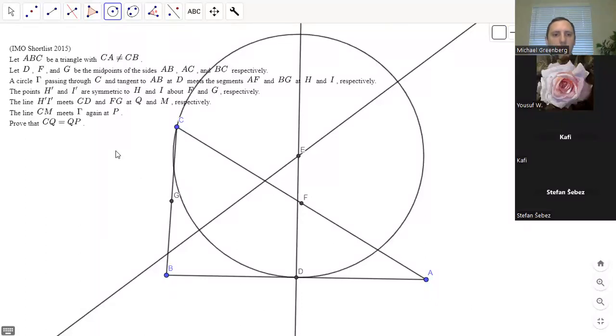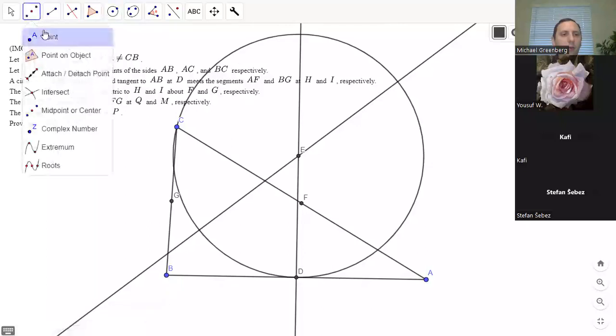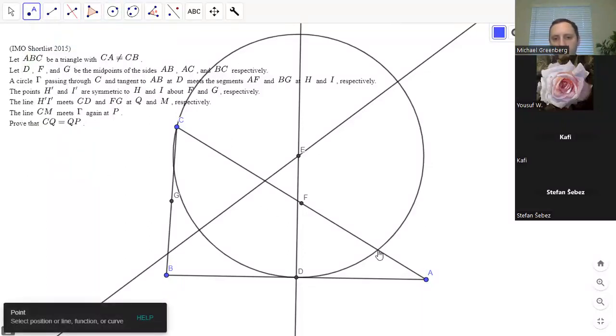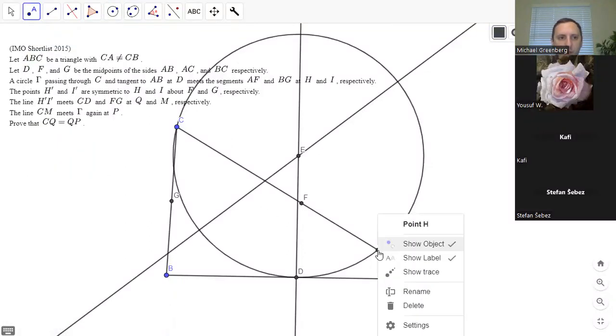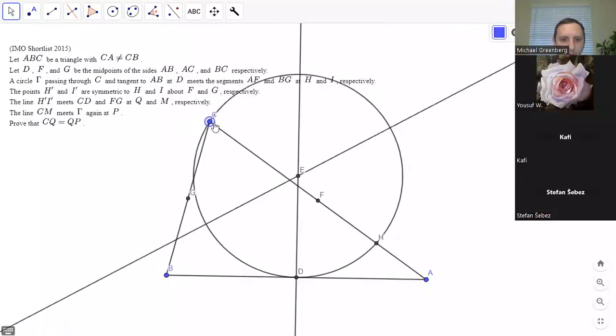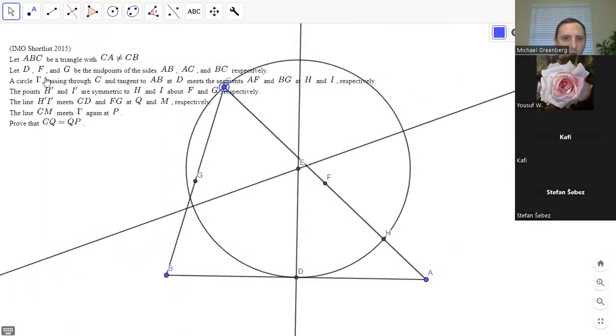And then it meets AF. Wait, D is the midpoint of AB. F is the midpoint of AC. Circle passing through C and tangent to AB at D meets... okay. I was wondering why it says AF and not AC, but it's okay. So that's H, and it meets BG, but it has to intersect the segment BG, is what I think it's saying. So like that.